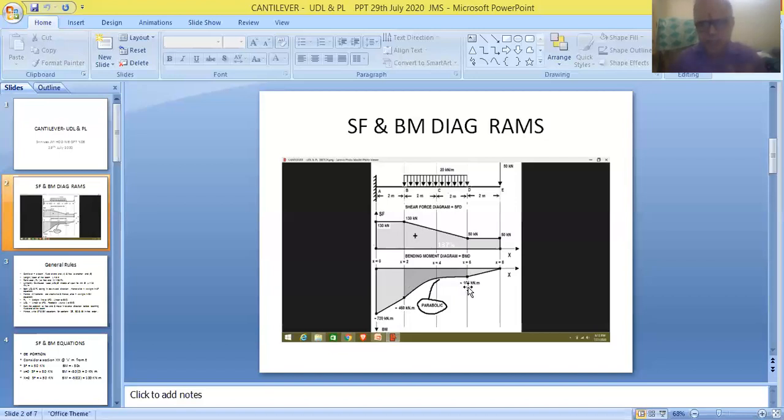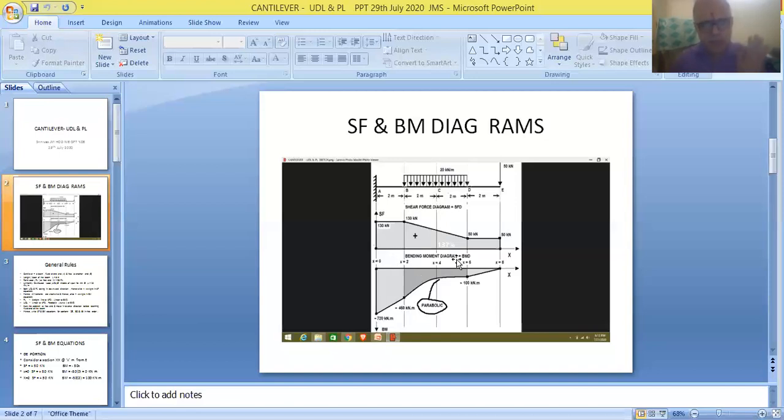Here we'll be getting all positive values in the shear force diagram, so they are coming above the baseline. In the bending moment diagram, we'll be getting negative values, which are shown below the baseline.